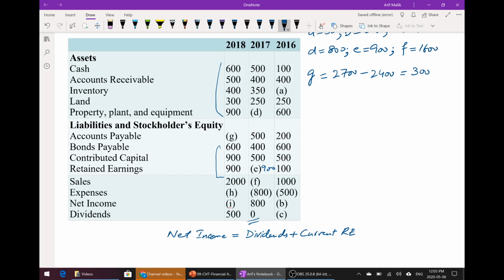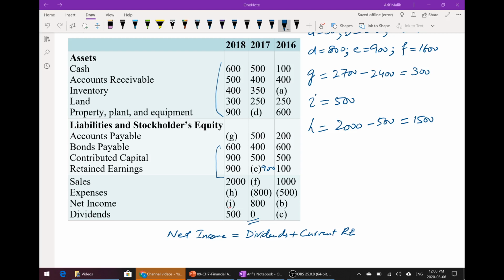Then the net income should be equal to the dividends, which means that I is equal to 500. All right, and then H is equal to 2000 minus I 500 will give us the expenditures, which are 1500.